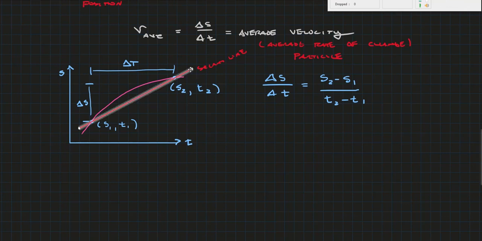Now, if I were to make this delta t smaller and smaller, you would see that the slope would change, and eventually, if we made delta t small enough, this would change into the slope of the tangent to this curve at the point S1.